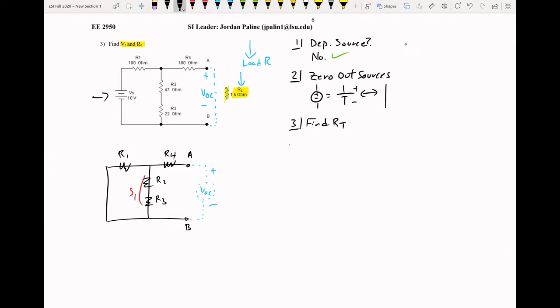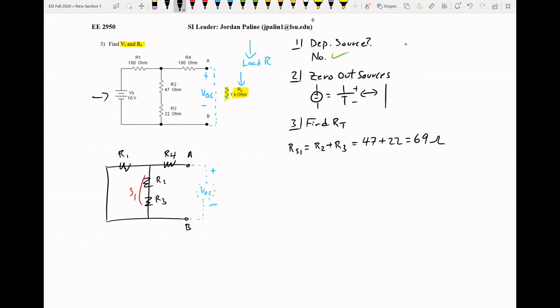So R series one will be R2 plus R3. That'll be equal to 47 plus 22. So it'll give us 69 ohms.